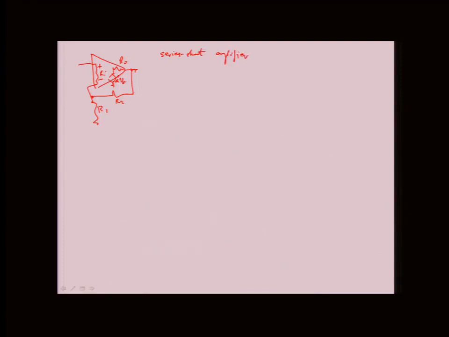I thought I would show you a few uses for this. One really nice use for this type of circuit is as a voltage regulator. You would put the voltage you want to have at the output here.